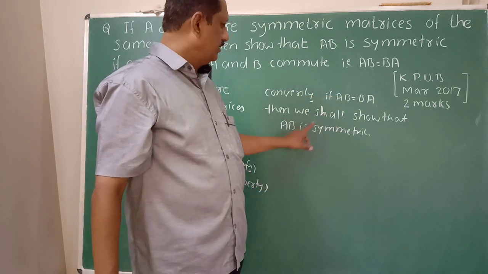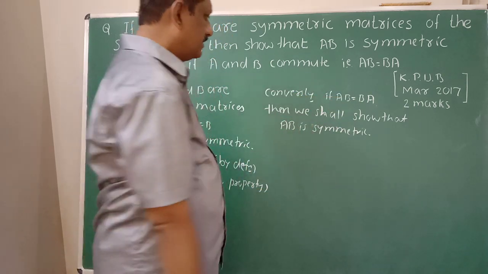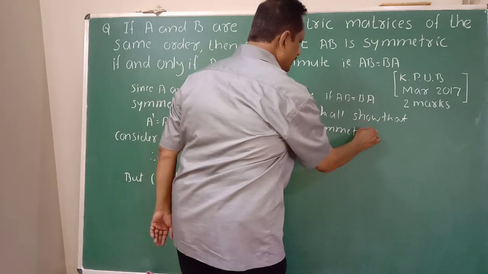Then we have to prove AB is a symmetric matrix.